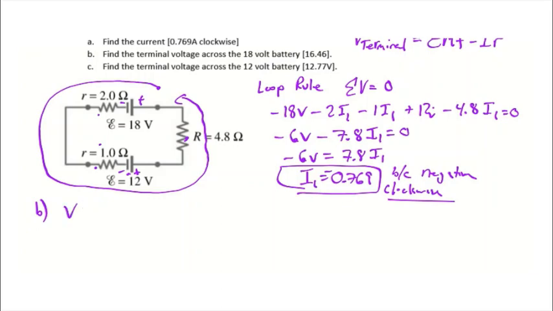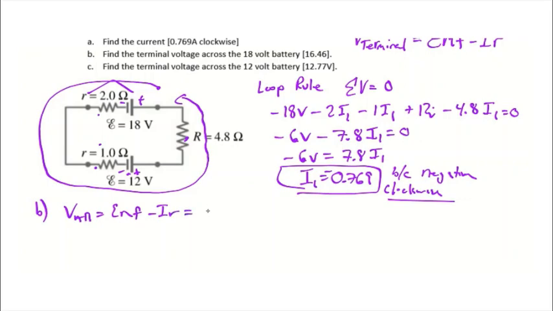My terminal voltage, we'll do this top one first. So the terminal voltage between 2 points is EMF minus IR.